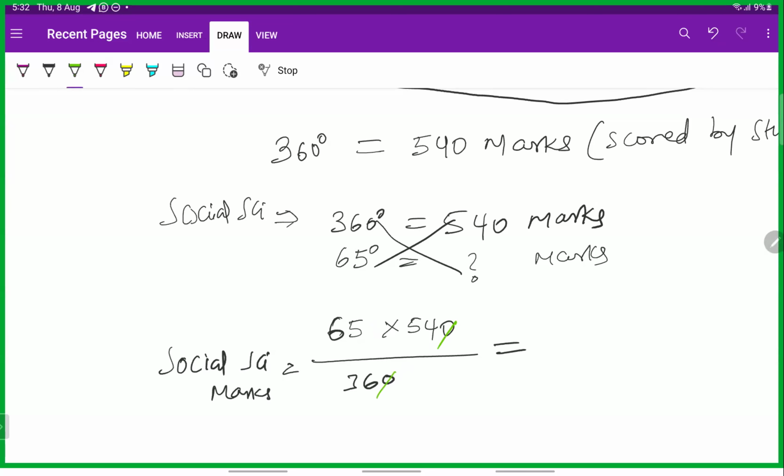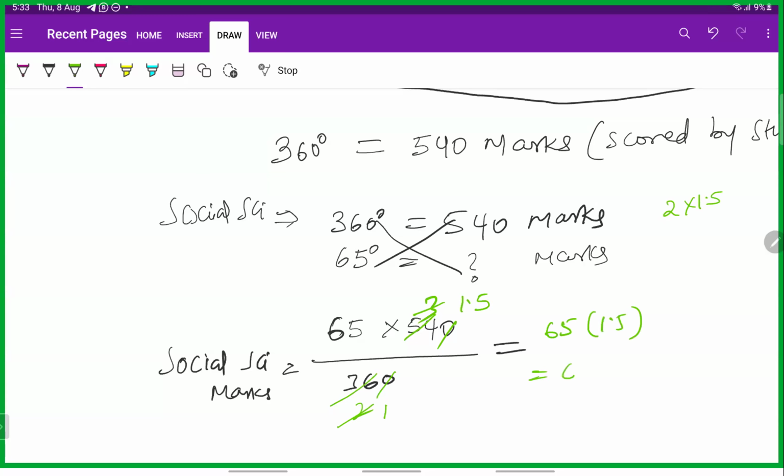So 0 0 will get cancelled. 8 2s, 8 3s, and you don't have any option of going for further factorization. Common factorization is not available in numerator and denominator. So 2 1s, 2 1.5s. So 2 into 1.5 is nothing but, so 65 into 1.5.